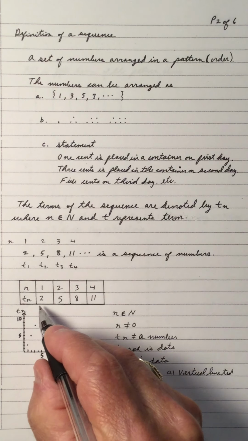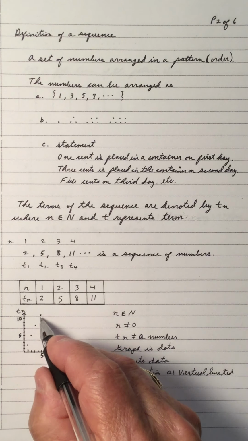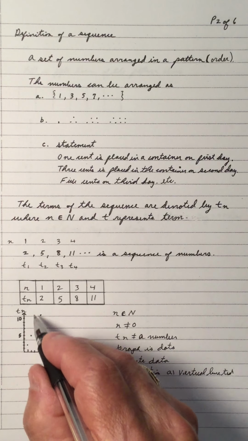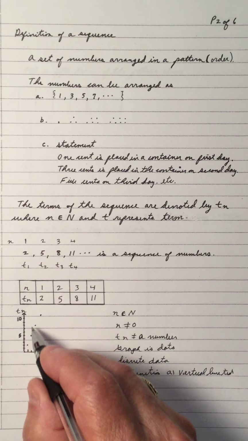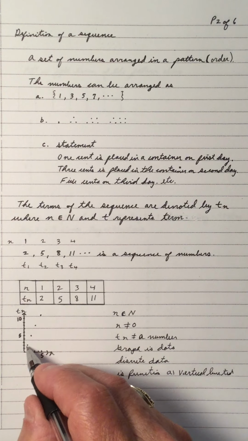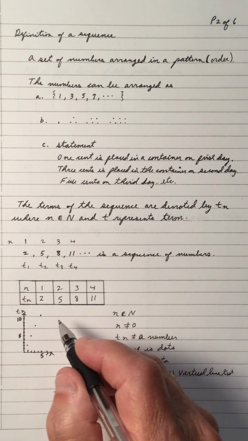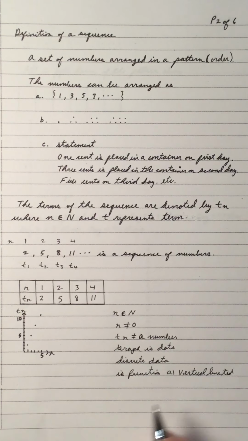And the vertical line test: if I draw a vertical line through this point, it only passes through one point. It passes through this point only, this point only, or this point. So if I draw a vertical line, it will only pass through one point.